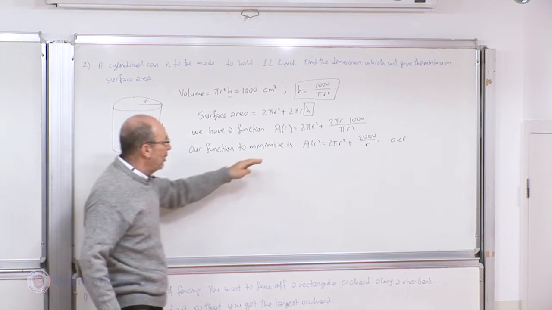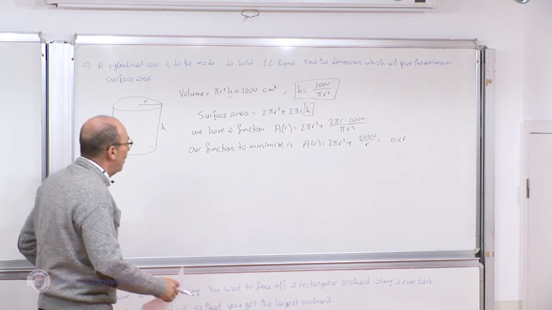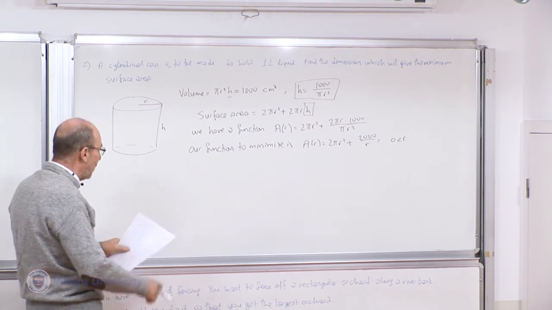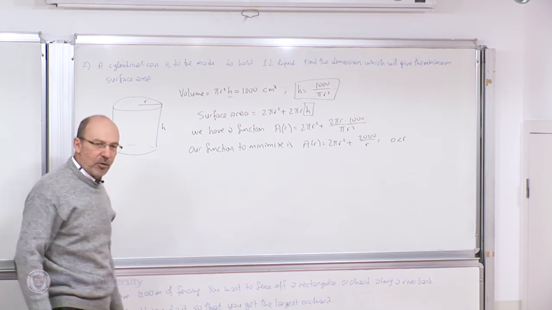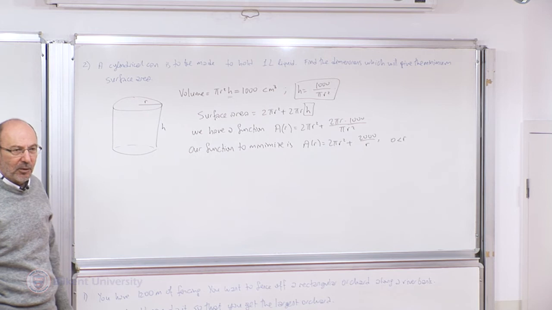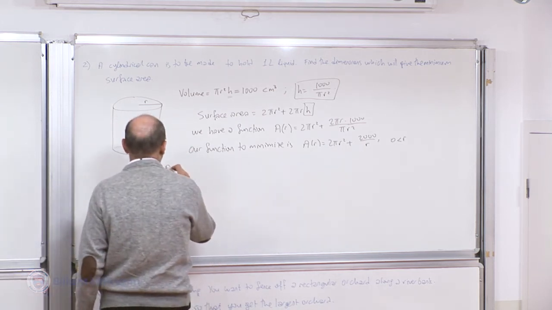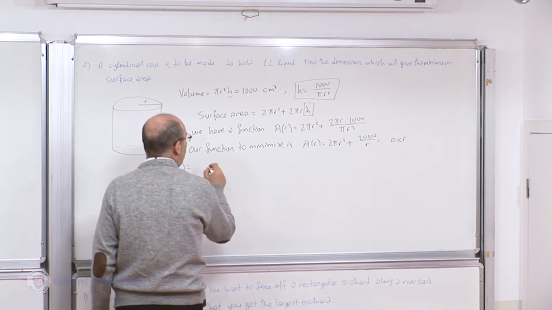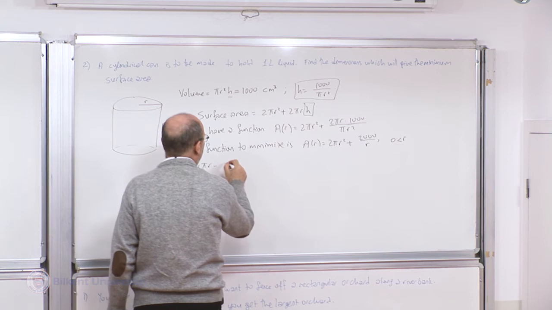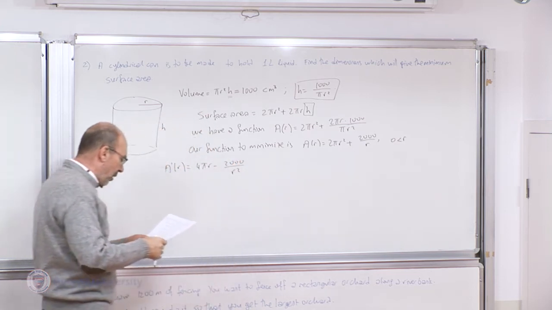So in this setup, you want to minimize this function. Okay, so before doing anything, we just take the derivative, equate that to 0, solve for r, and after that we start thinking about what we will do with those numbers. Okay, so A prime r is equal to 4 pi r minus 2,000 over r square.